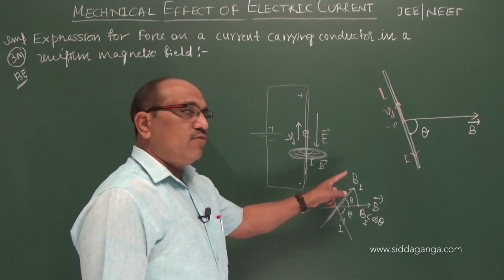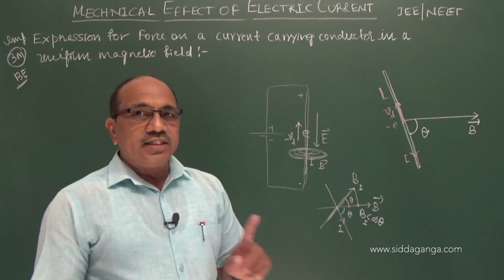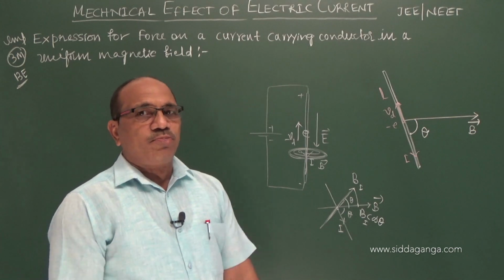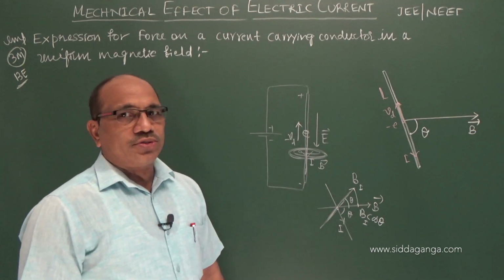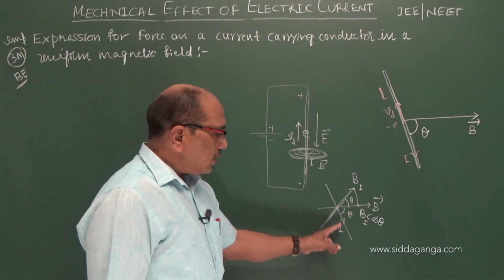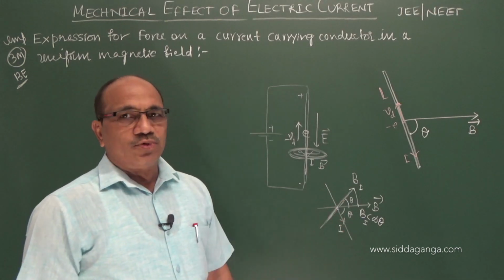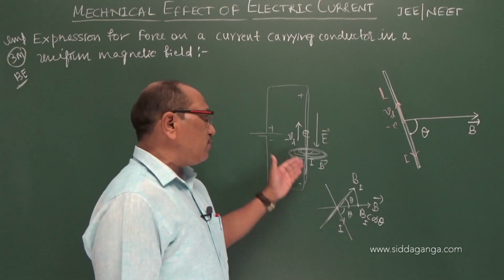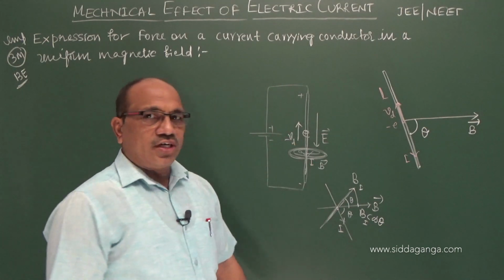That magnetic field interacts with the field in which you placed the conductor, and this interaction is basically responsible for the conductor experiencing a force. If it is not carrying any current, and you simply place a conductor, it won't experience a force because the average velocity of the free electrons is zero, no current, no movement of charges.